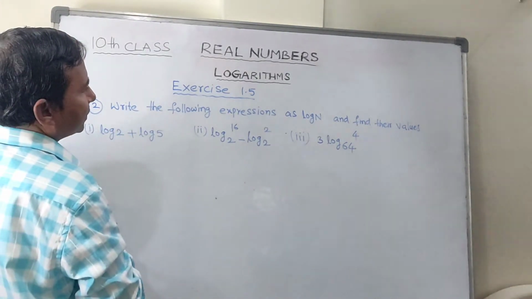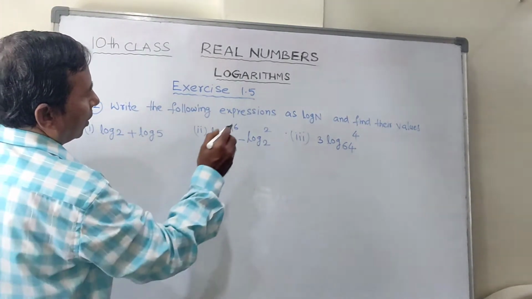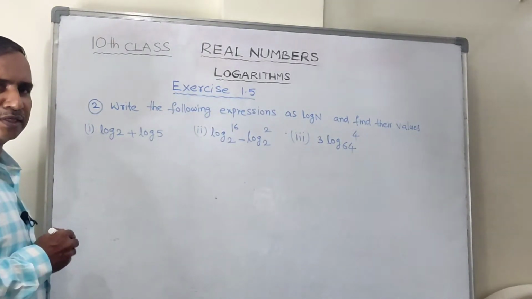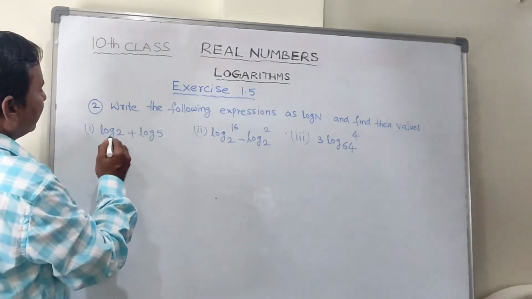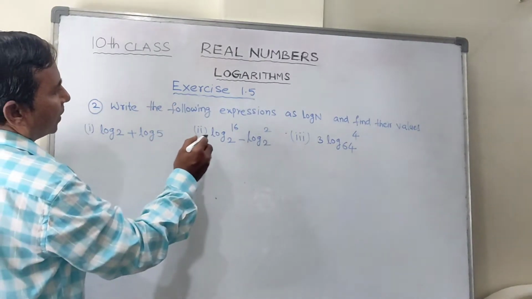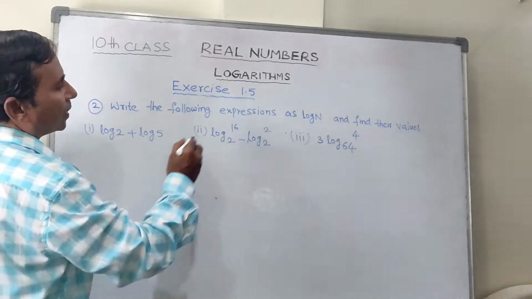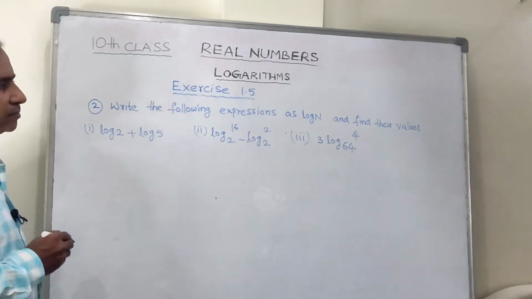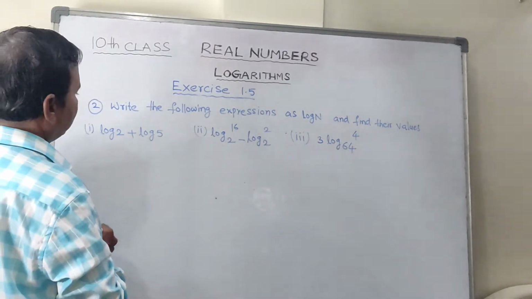Write the following expressions as log n. Log n means he is asking to write in a single term. Here the expanded formula is there, and we have to write it as a single term and find their values.